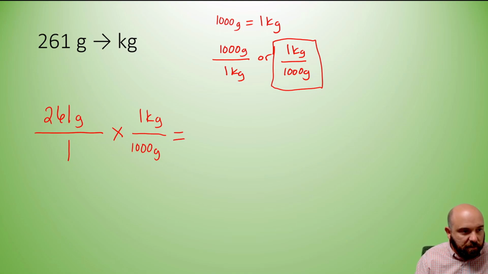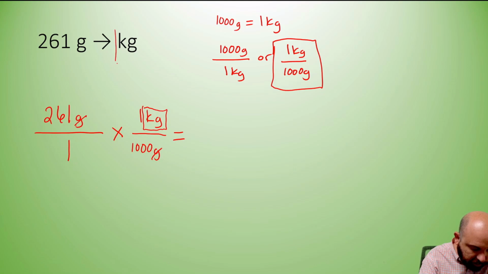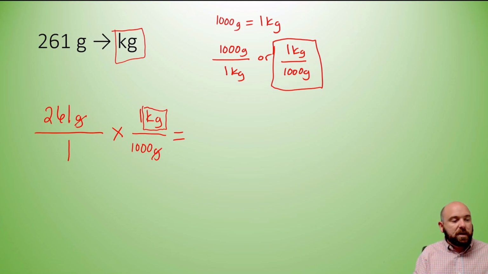We can see there, now we have grams in the numerator and grams in the denominator, and so when that operation would be carried out, the grams would divide into 1 and essentially cancel each other. We're still left with a unit. We're left with a kilogram unit, which is what we want our answer to arrive at. So we can see now the dimensional analysis has told us the math we need to do.